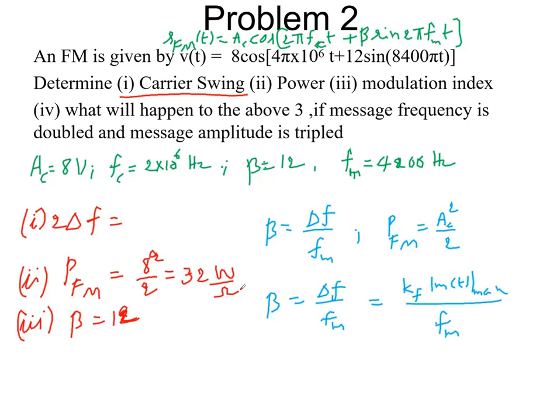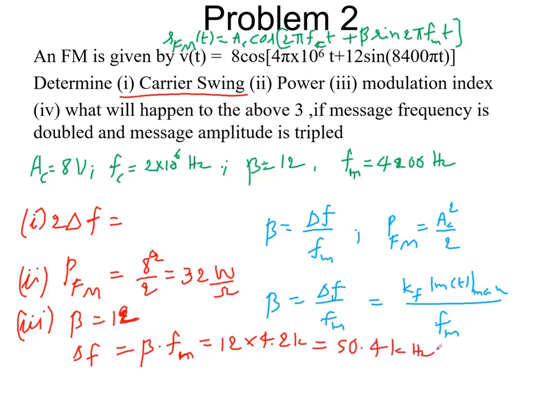Beta is a unitless quantity. Then with respect to this beta, how can you arrive at your del f? Del f is beta times the message frequency. Since your beta is 12 and your message frequency is 4.2k, from here you can arrive at how much? 12 fours are 48, 12 twos are 24, so it will be 50.4 kilohertz.